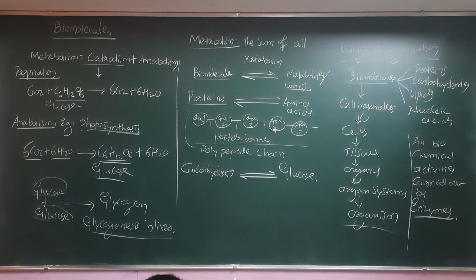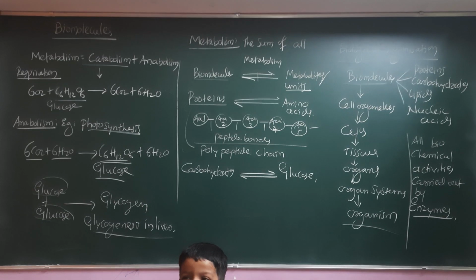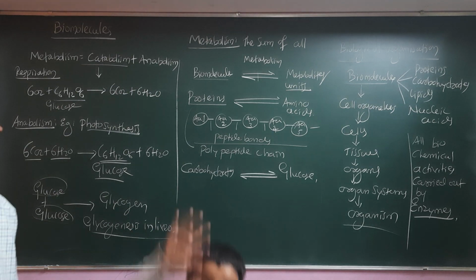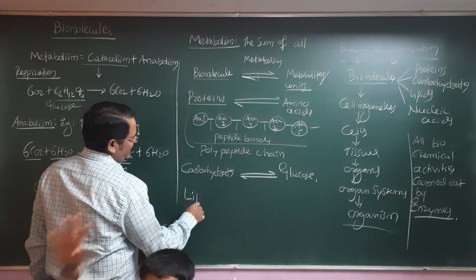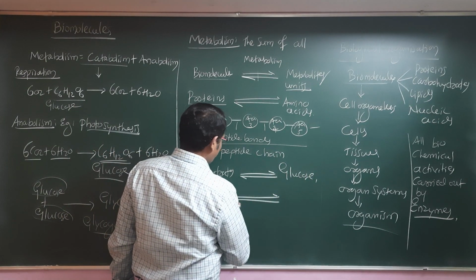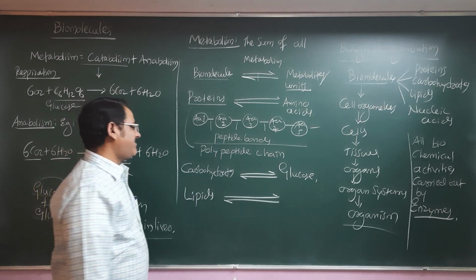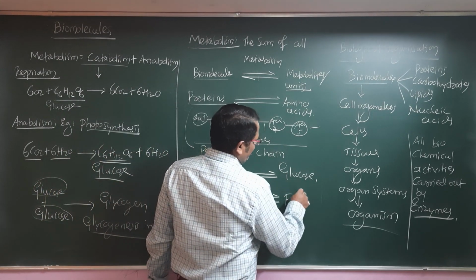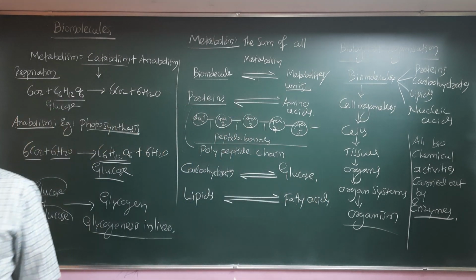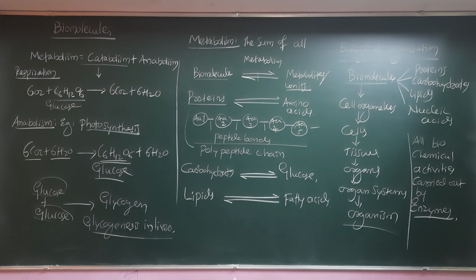Now here, one more important thing I have to tell you. The next one is lipids. So what are lipids basically? Lipids can either be broken up or made from fatty acids. Let me tell you one more important thing.